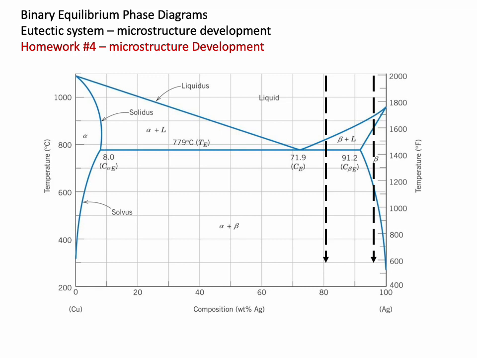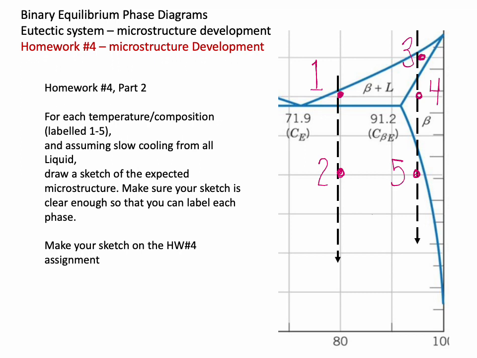So now we're going to look at, well, this is what you have for your homework. These two different compositions. And so you'll see in the homework assignment that I've got this image with points 1, 2, 3, 4, and 5. And I ask for you to sketch what would be present at each of those temperature composition combinations.